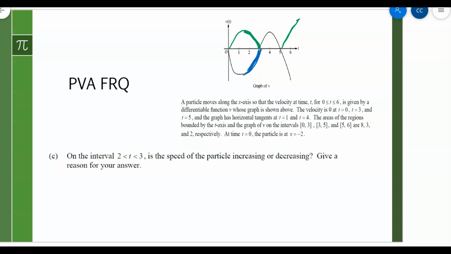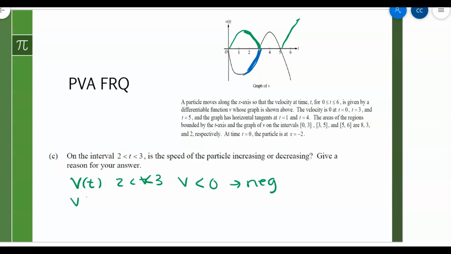That's another way to talk about speed, or you can just think of the absolute value. If you want to talk about it based on speeding up and slowing down, you could say the velocity on that time interval from 2 to 3 would be less than 0, therefore negative.